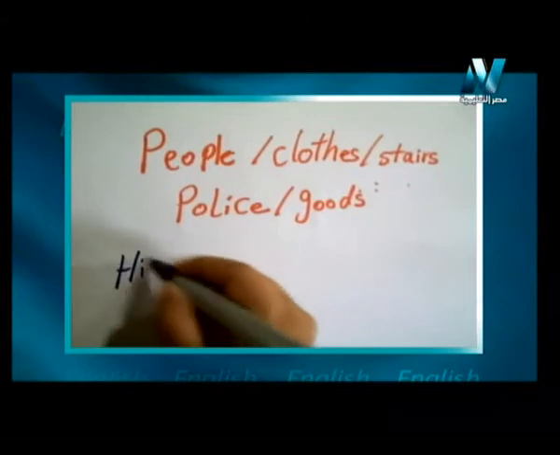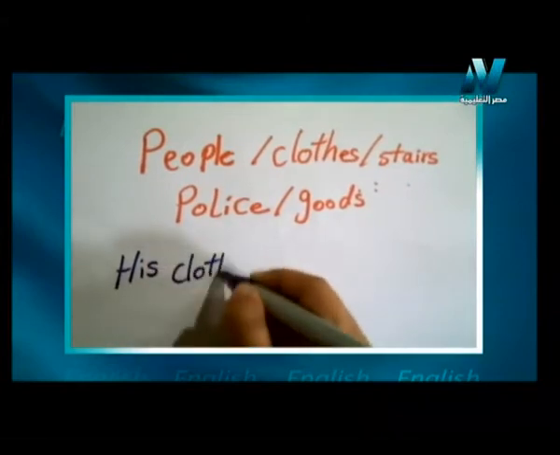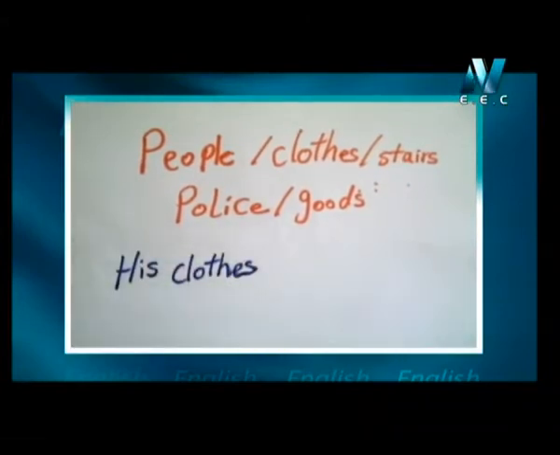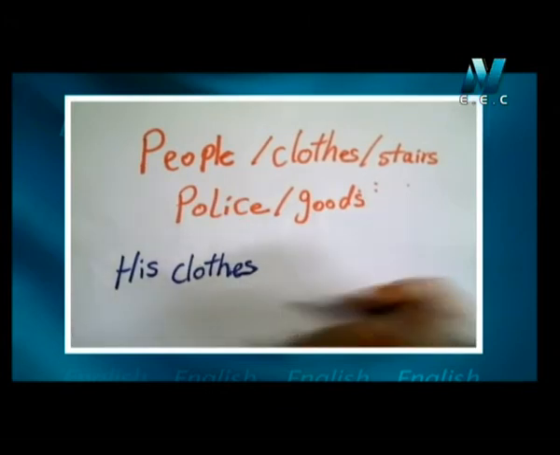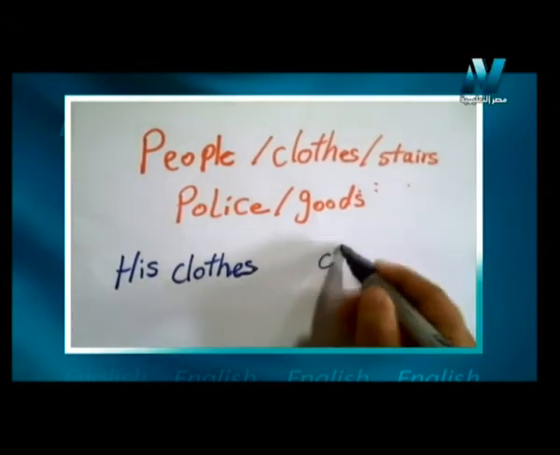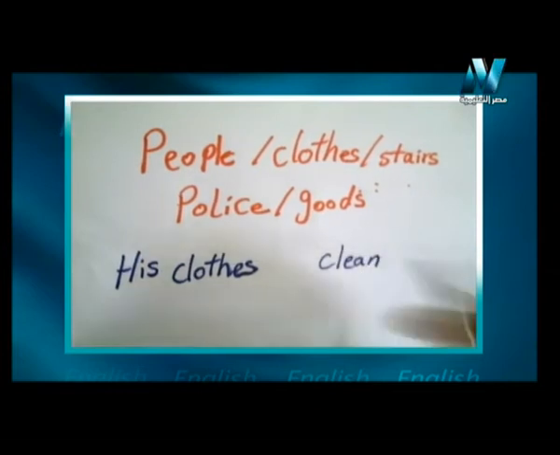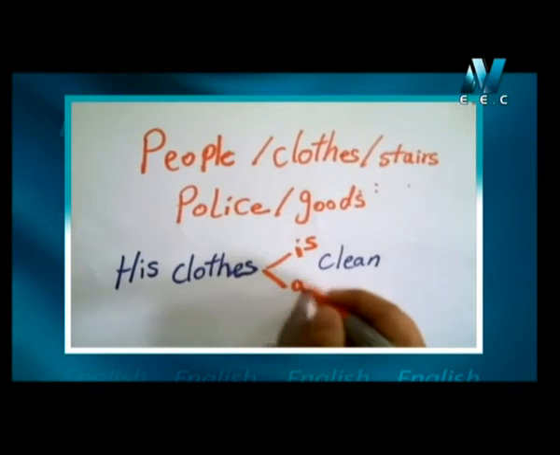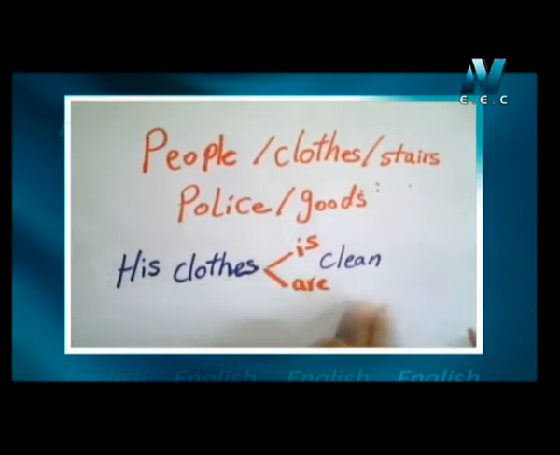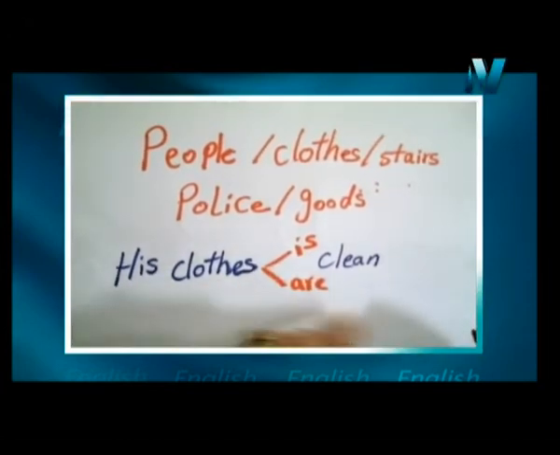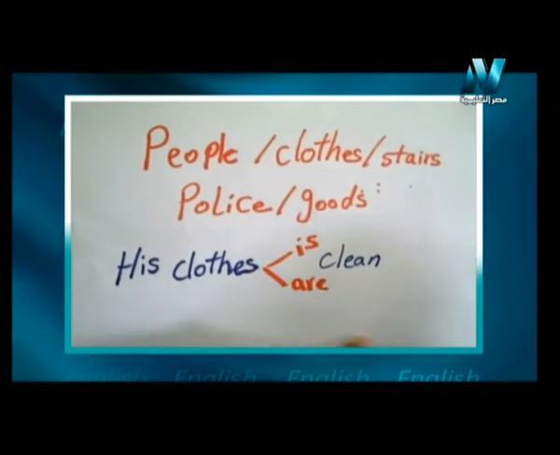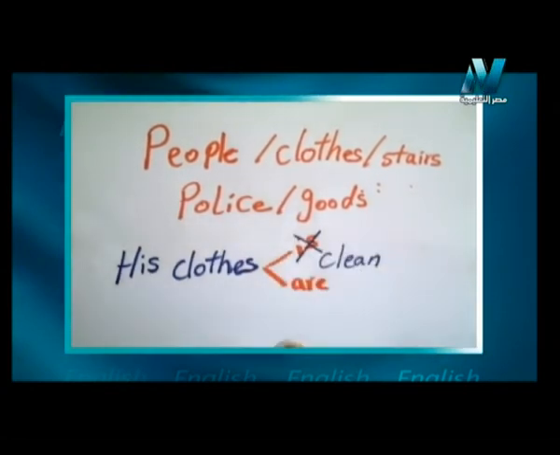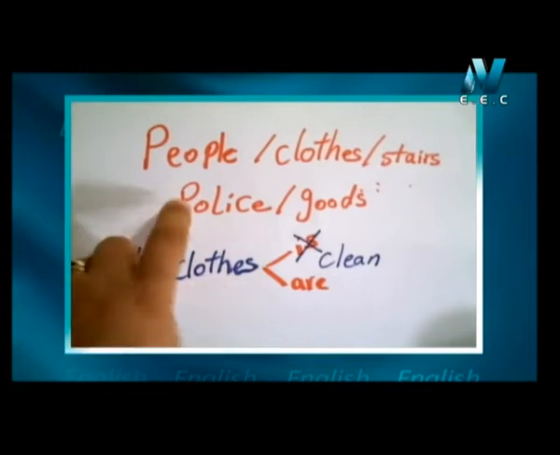Let's have an example. If I said his clothes, I'm going to speak about the clothes. I'm going to say that they are clean. I'm going to say is or are. His clothes is clean or his clothes are clean. No, I have to say his clothes are clean. The police are.